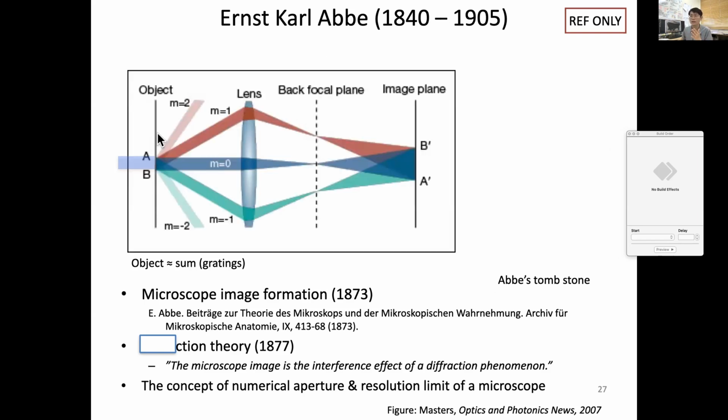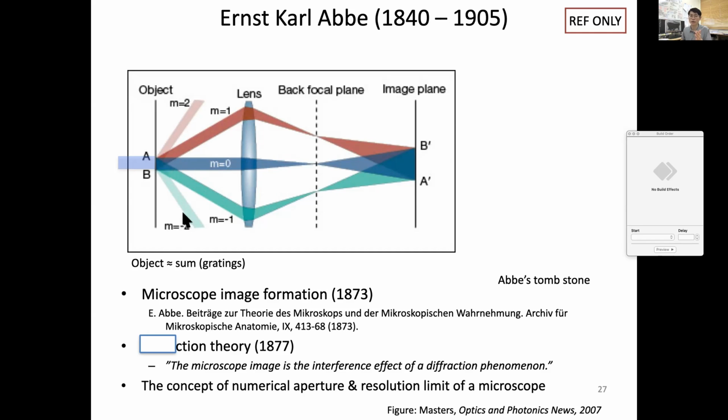So that concept can be described here. An object can be considered as a grating, and you send the light wave, and of course the zeroth order passes through, but there are first order plus and minus diffraction and second order diffraction. But our lens is finite, so let's say in this case, we lose the m plus and minus 2.